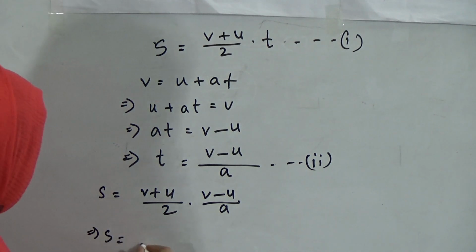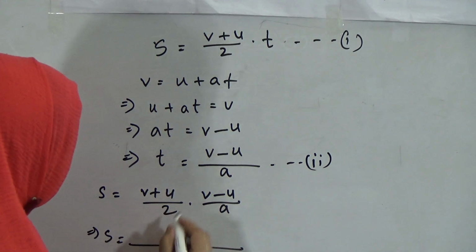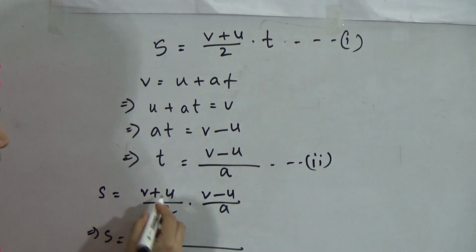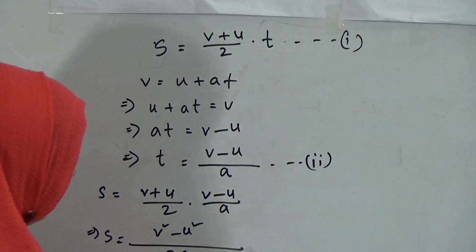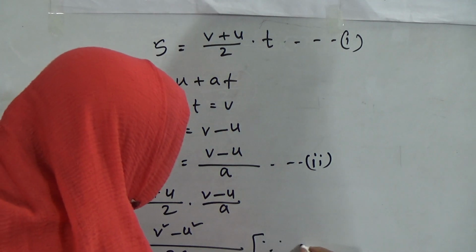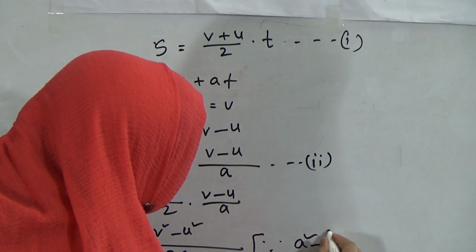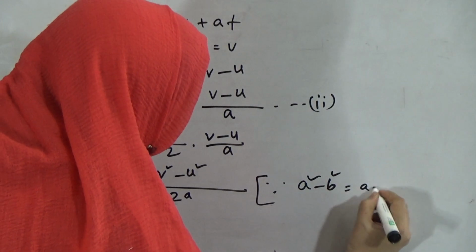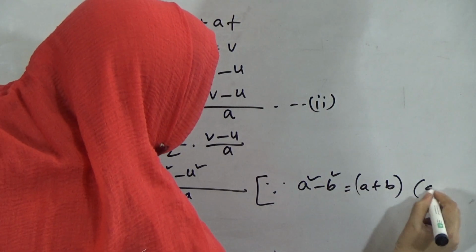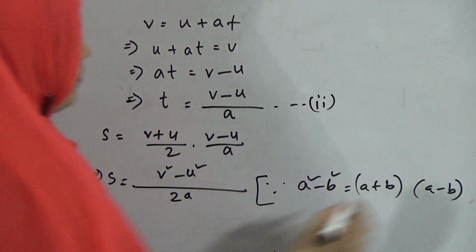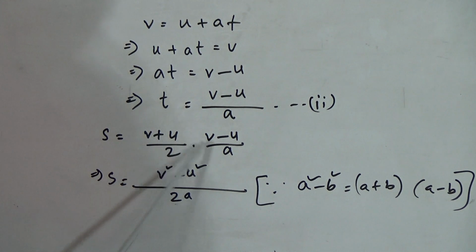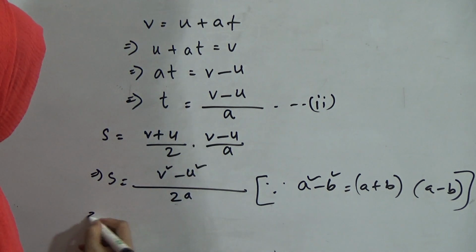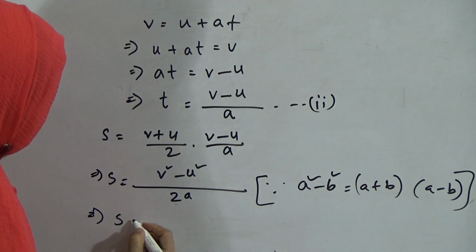Then we can write v plus u into v minus u, that means v square minus u square, divided by 2a. We know a square minus b square equals a plus b into a minus b. By this formula we write v square minus u square.